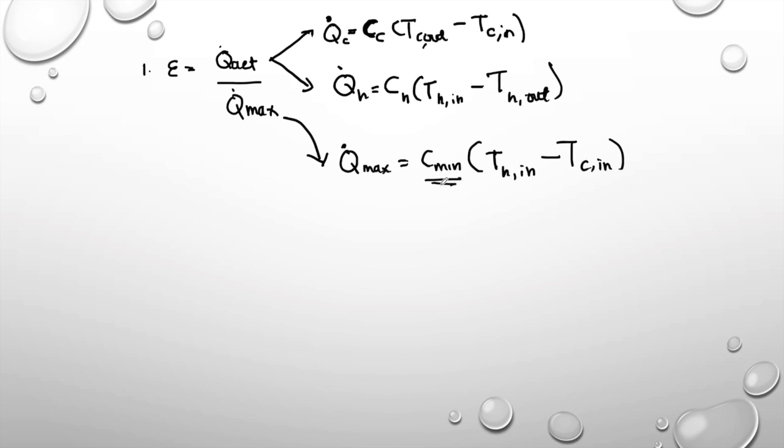So where do we get the C minimum? We have to compare the heat capacity of the cold water and the heat capacity of the hot water. Both of these equations you already know because the previous example already explained the C C. Again, I wrote down the equation. For the C C, you multiply the specific heat capacity of the cold water times the mass flow rate of the cold water. If you are required to calculate the rate of heat transfer, this will be the mass flow rate.